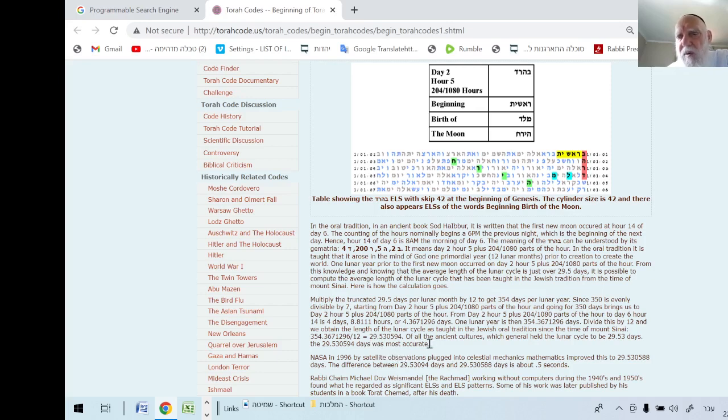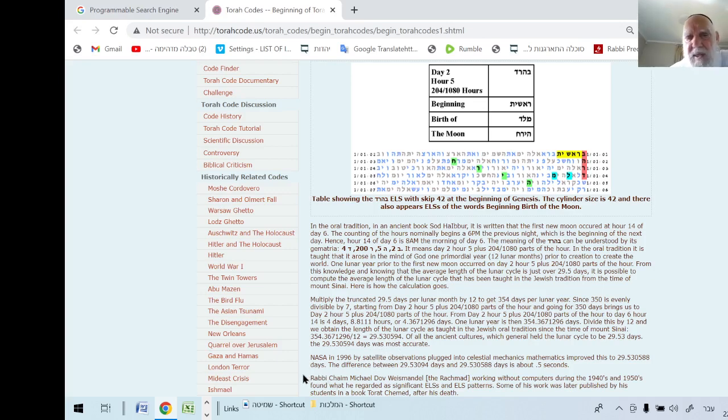29.530594. Of all the ancient cultures which generally held the lunar cycle to be 29.53 days, 29.530594 days was most accurate.